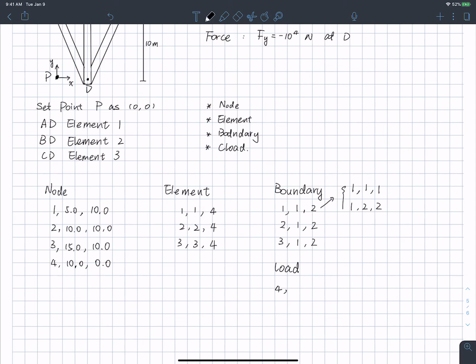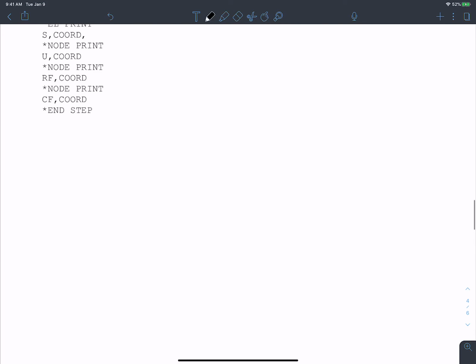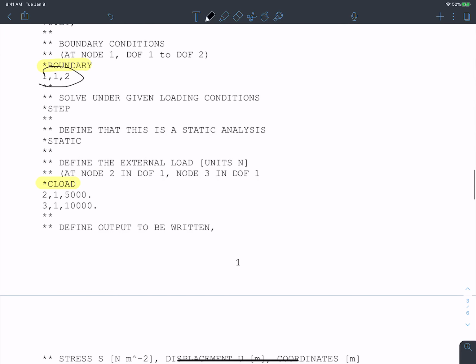In this case, it's pulling it down, so it's going to be in y direction, so that's second degree of freedom. And then the third one is actually the value of the force. However, you can't just put 10 to the fourth here because it's supposed to be negative force. It's supposed to be pulling down. So here you need to put negative 10 to the fourth. So again, going back, you should change this part.